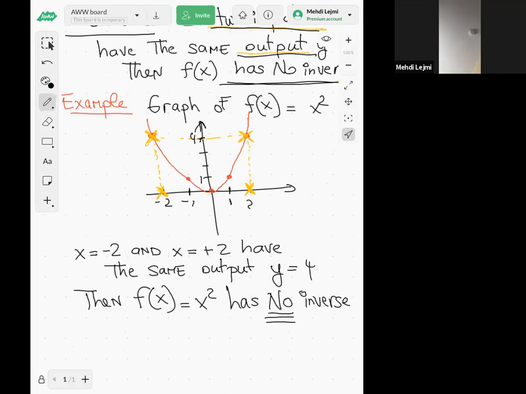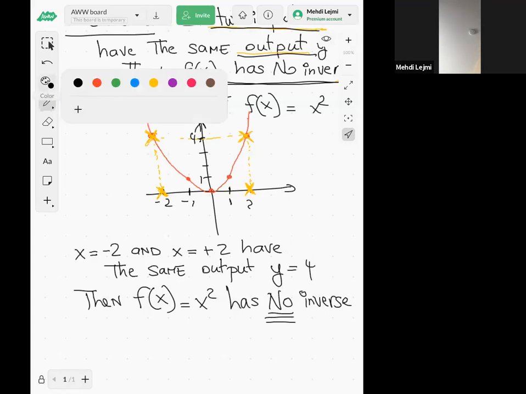Okay, so that's the general idea. Whenever you have a function and two inputs have the same output, then your function has no inverse. And how can we check if we do have two inputs with the same output? If you want to check it on a graph, we can use horizontal lines.